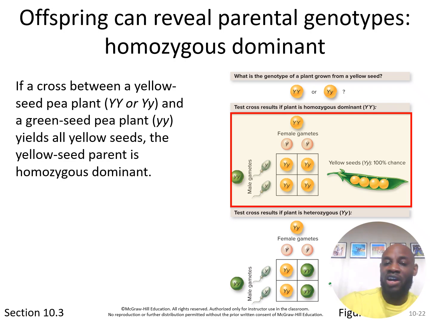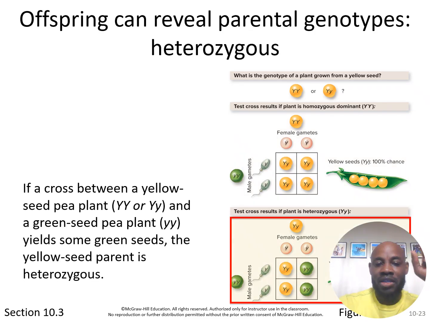They have two capital Y's in this case. But if the cross yields some green seeds, then that tells us the parent is heterozygous, because the parent must have passed on a lowercase y.